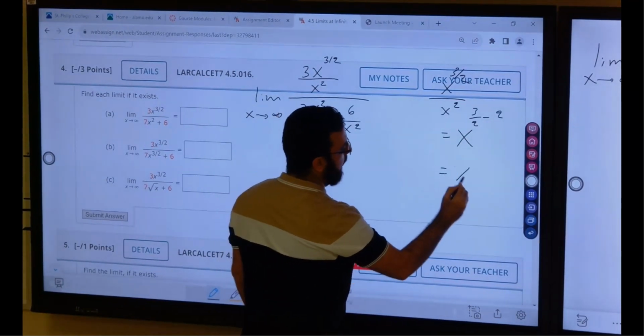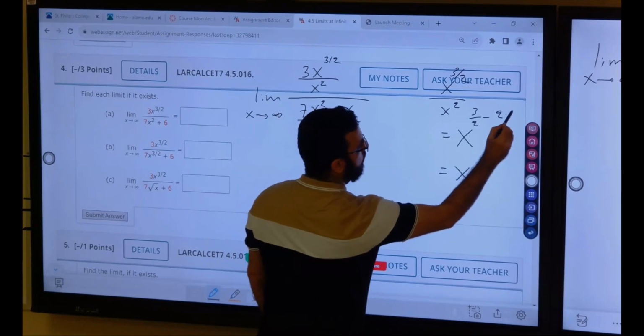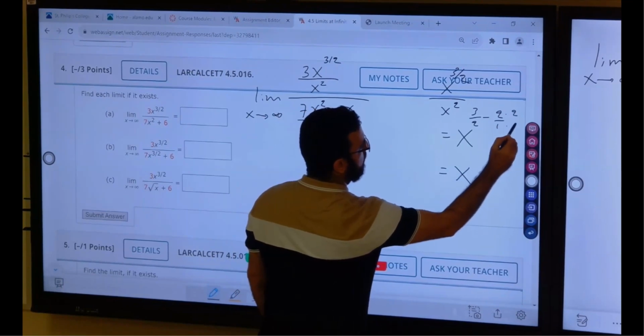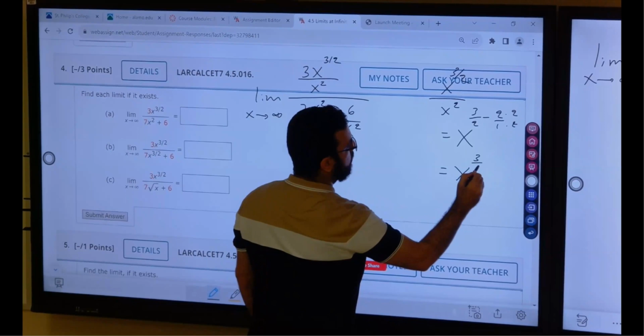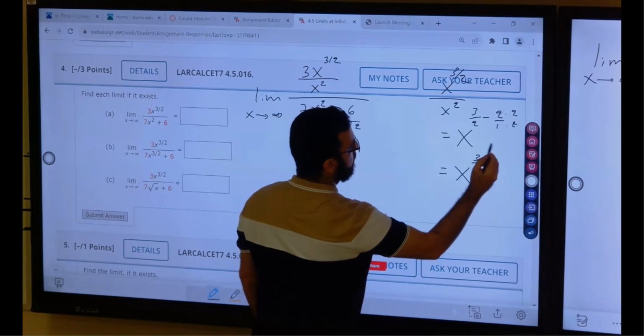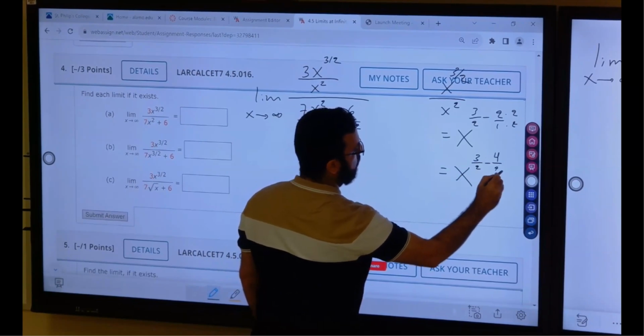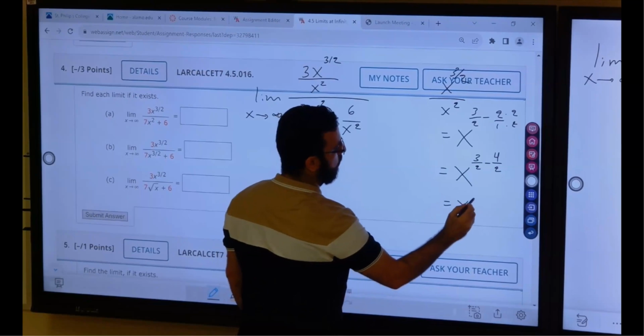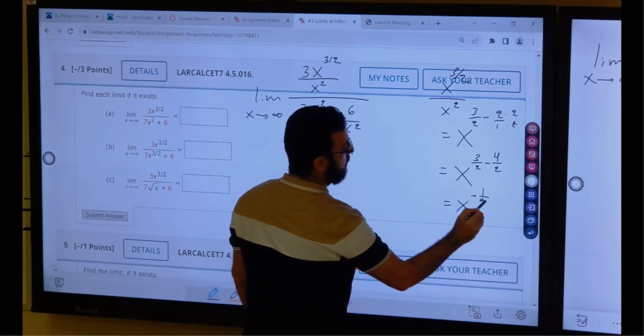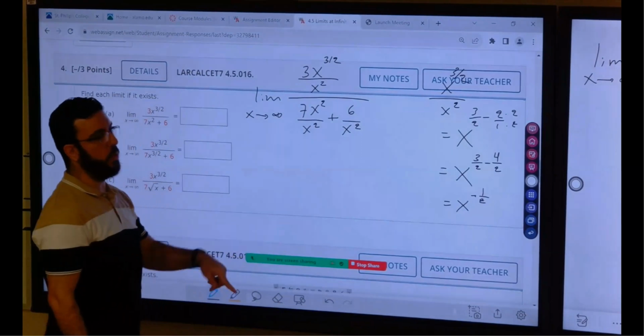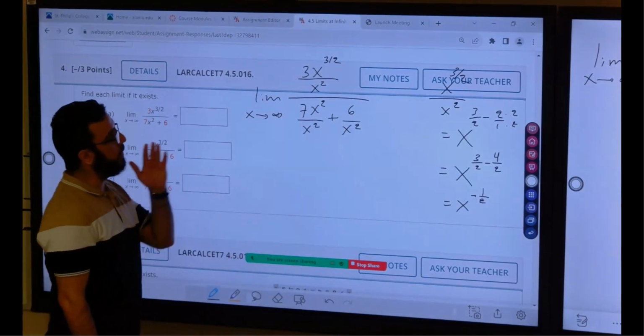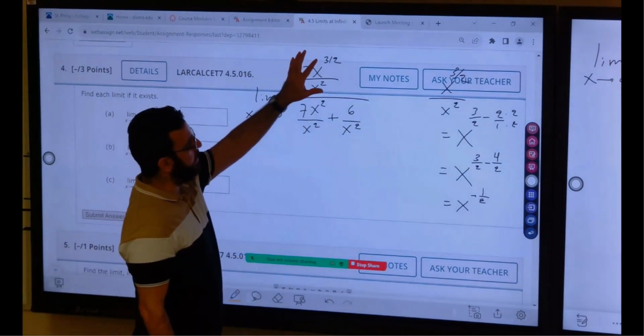That means 3 over 2 minus 4 over 2, which is negative 1 over 2.